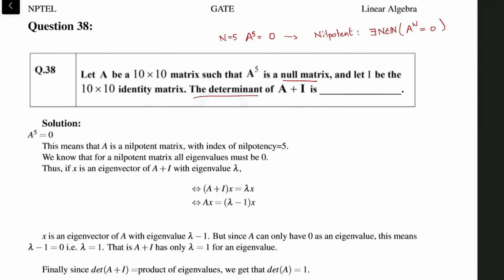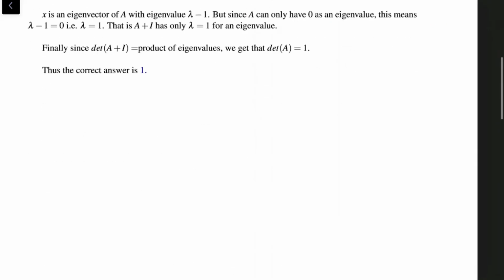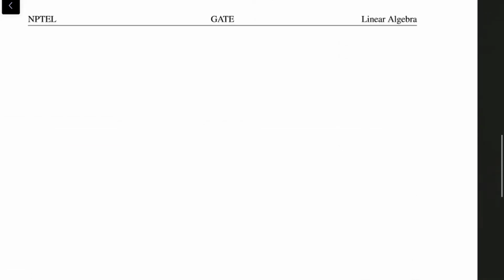In this question, we are asked to find what the determinant of A plus I is. Now, one thing you need to know about nilpotent matrices is that if lambda is an eigenvalue of A, then it must be the case that lambda is equal to 0 when A is nilpotent.